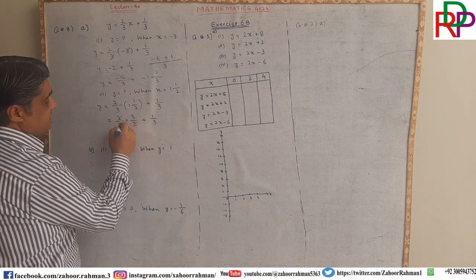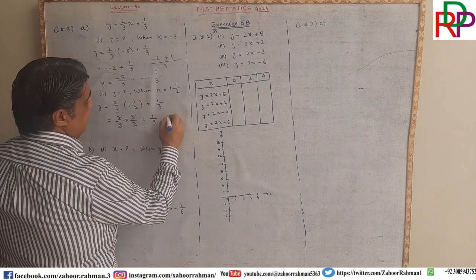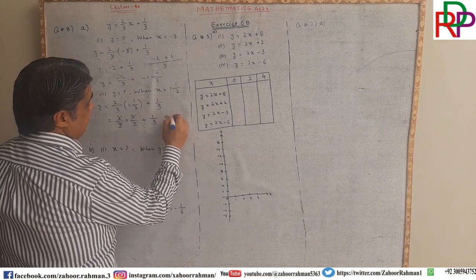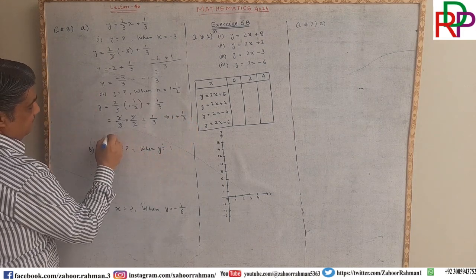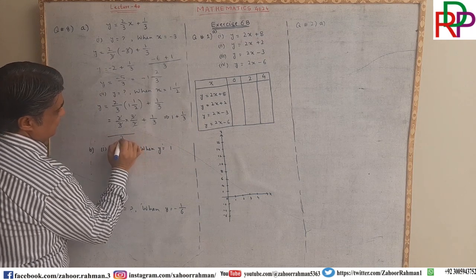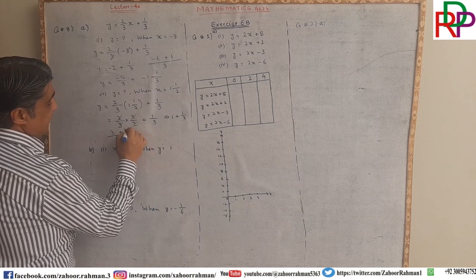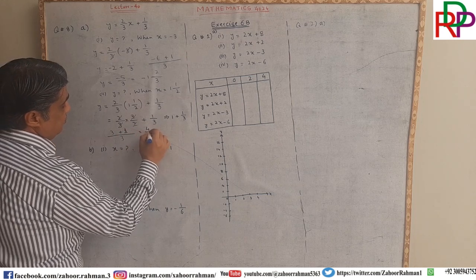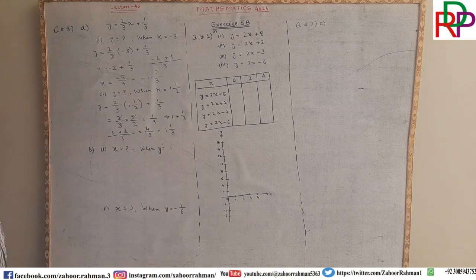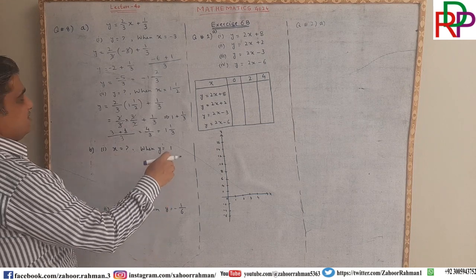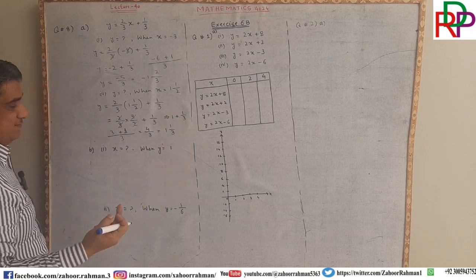This 2 will be cancelled with this, and this 1 will be cancelled with this, and as a result we will get 1 plus 1 over 3. Here we have to take 3 as the LCM, so 3 plus 1, and then that will be 4 over 3, and as a result we will get 1 whole 1 over 3, which is quite clear from here as well. 1 whole 1 over 3.